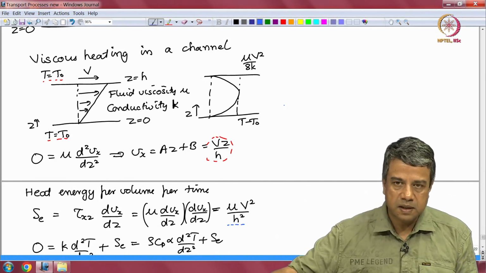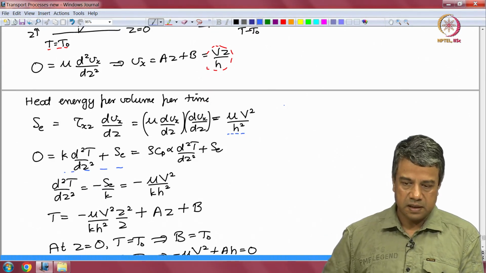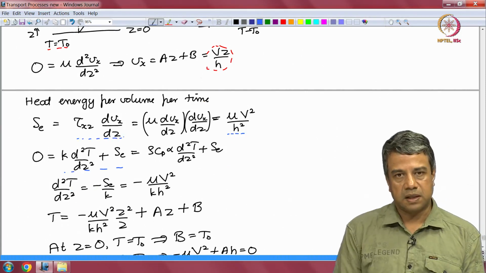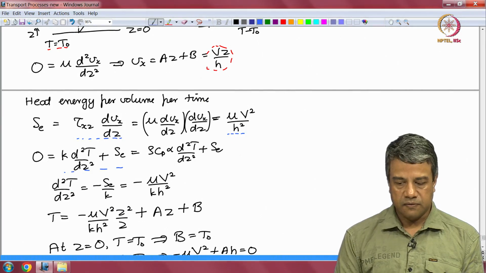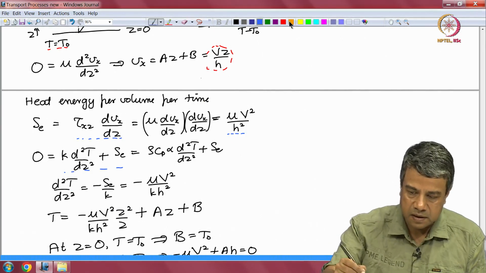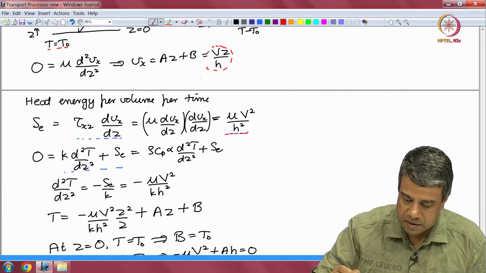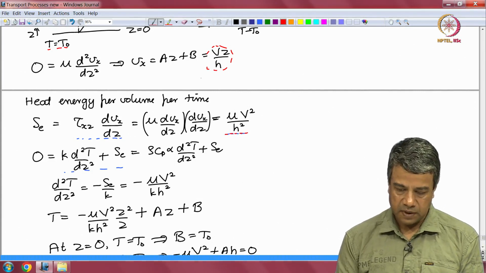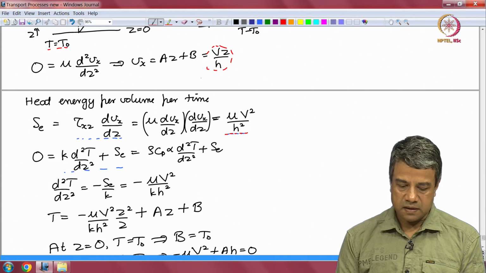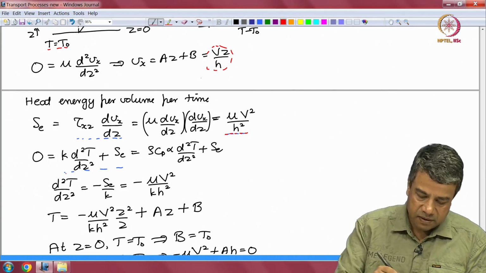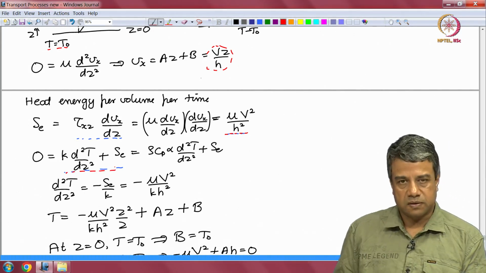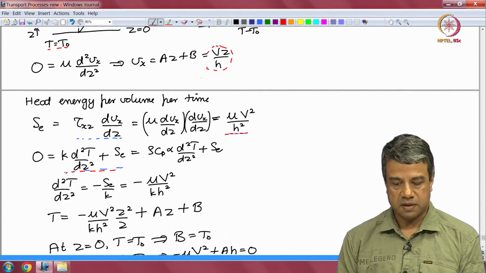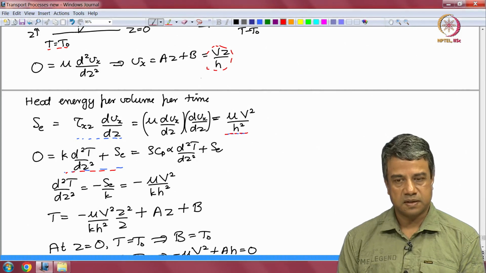There is a source in the temperature equation due to viscous heating, and that is given by the product of the stress and the strain rate. And for a linear velocity profile, we had got this expression for the product of the stress and the strain rate. And if that is a constant, you can see that the second derivative of the temperature is related to the source. So, therefore, the temperature has to be a quadratic function of the cross stream distance.